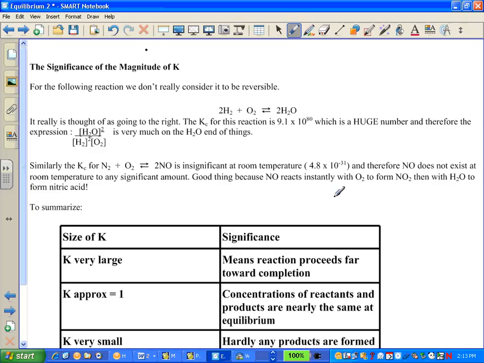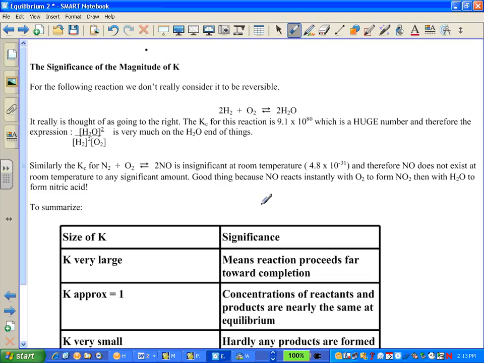So if we look at the relationship of products over reactants, in this case, the small K is telling us that the reactants are in a much greater concentration at equilibrium and therefore are favored. So really, this reaction doesn't go very far towards completion at all.